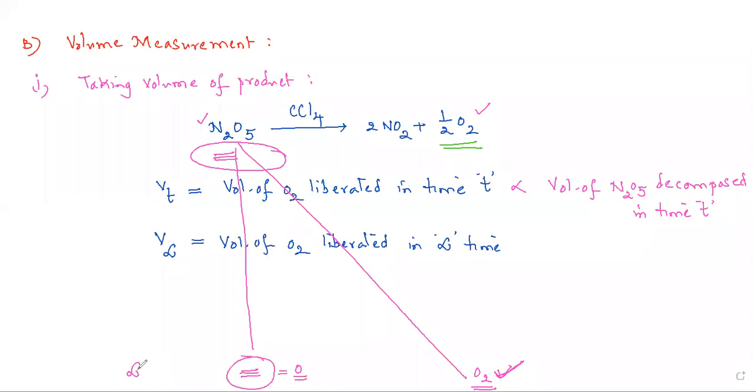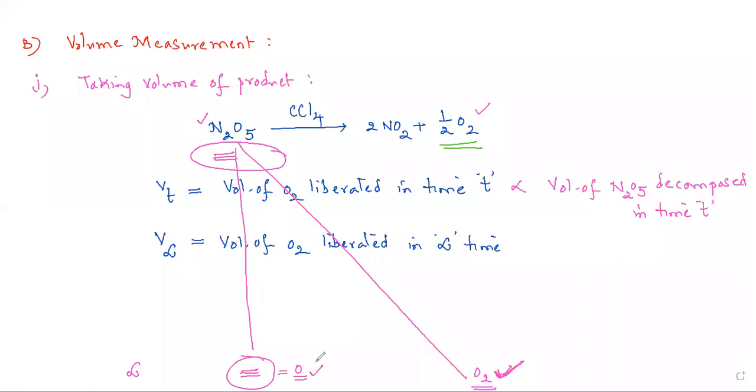Okay, so after infinite time, whatever N2O5 we have started with completely decomposes and the whole thing is liberated as the volume of oxygen. Now we'll be left with nothing.